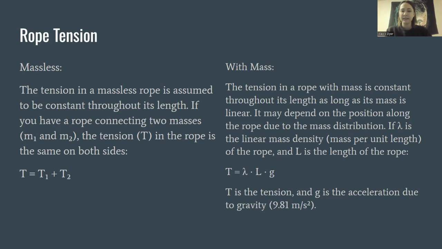In that case, it may depend on the position along the rope due to its mass distribution. With that being said, we can write out our tension as T equals our linear mass density times the length of the rope times g, where g is the acceleration due to gravity, which is equal to 9.81 meters per second squared.